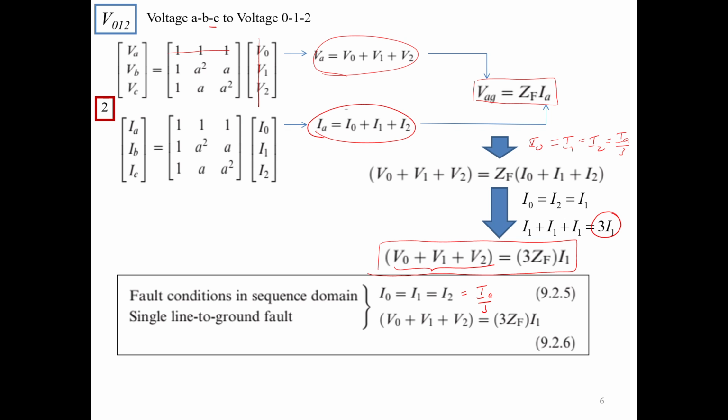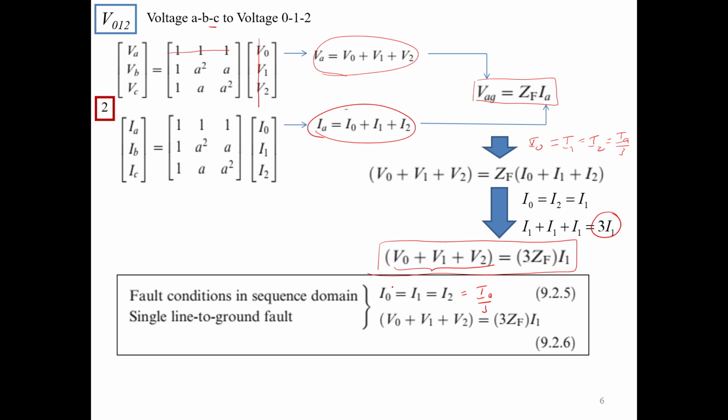So you can think of basic circuit theory. What kind of connection has the identical current? This is the only connection that has this property, which is the series connection. So now you can guess that the three sequence networks are connected in series because of the equal current.